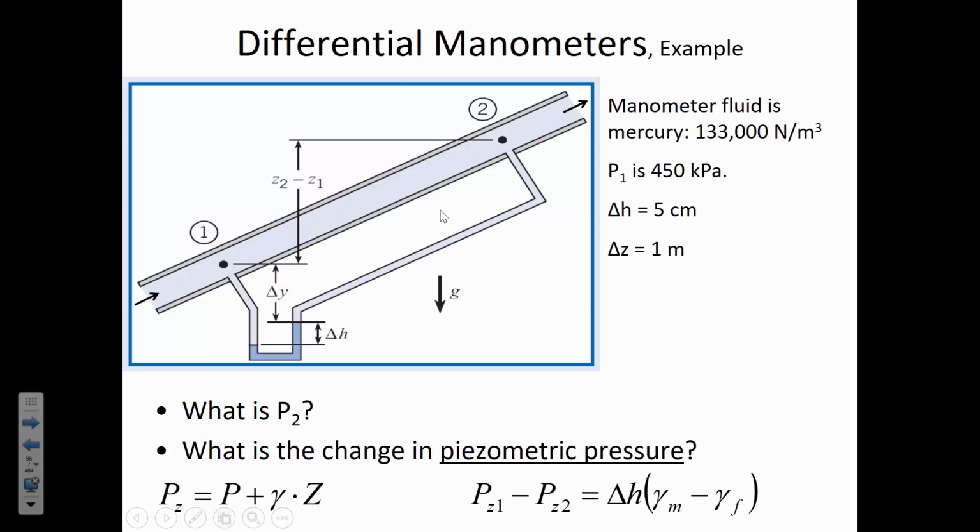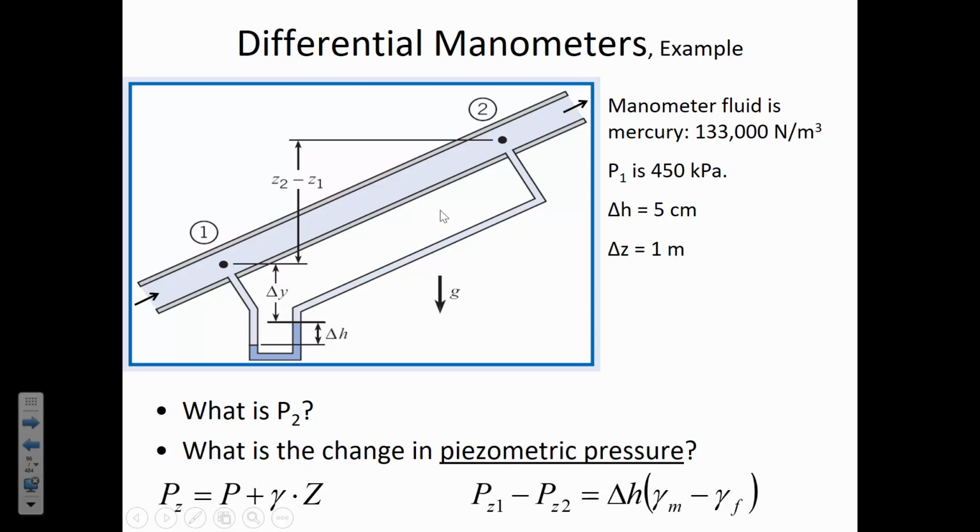Okay, well, let's start where we know something. We know something at location 1. So if we're answering the question, what is P2, given P1 is 450 kilopascals, then P1 is where we know something. And we're going to go down through a fluid, so pressure is accumulating. So plus delta Y times the gamma of water.